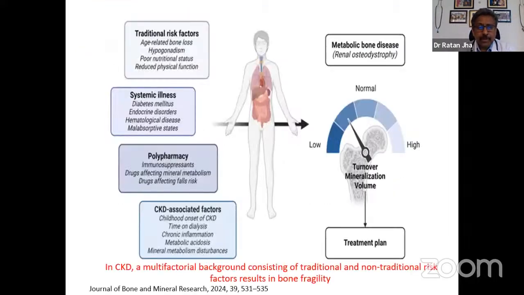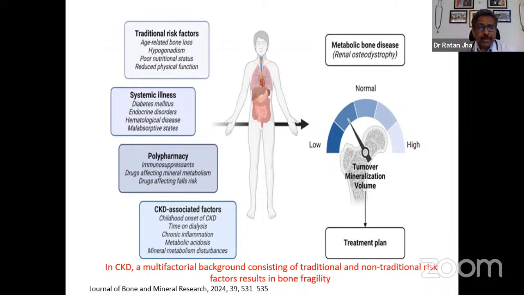So, when we talk about bone health in chronic kidney disease and the problem of osteoporosis, one has to remember that there is a multifactorial background of traditional as well as non-traditional risk factors which increase bone fragility, which is the common consequence of bone health deterioration.